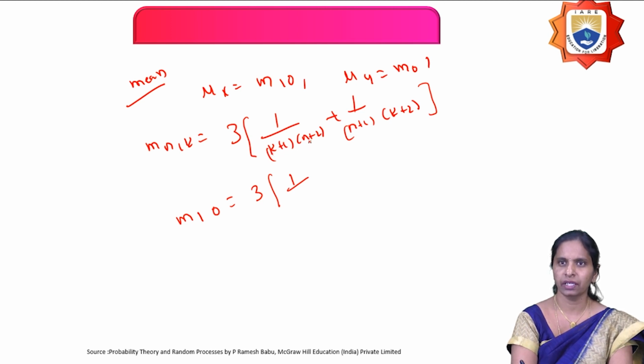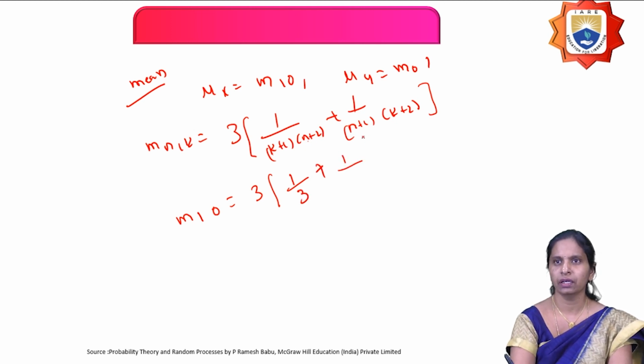And here n equals 1, so 1 plus 2 is nothing but 3. Plus 1 by n plus 1, so 1 plus 1 is 2, into the k value, which is 0, so 0 plus 2 equals 2.